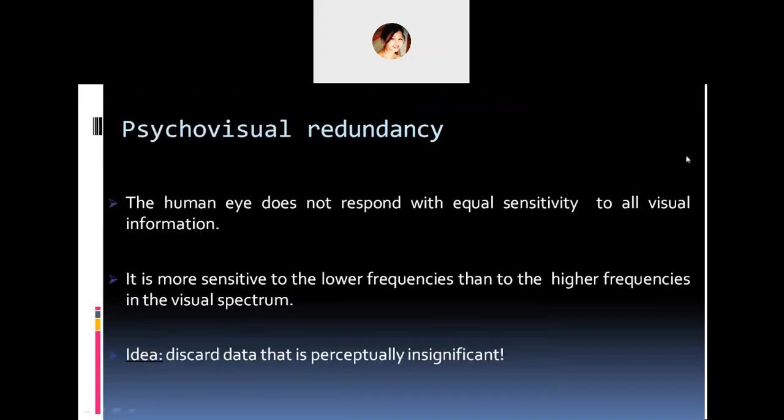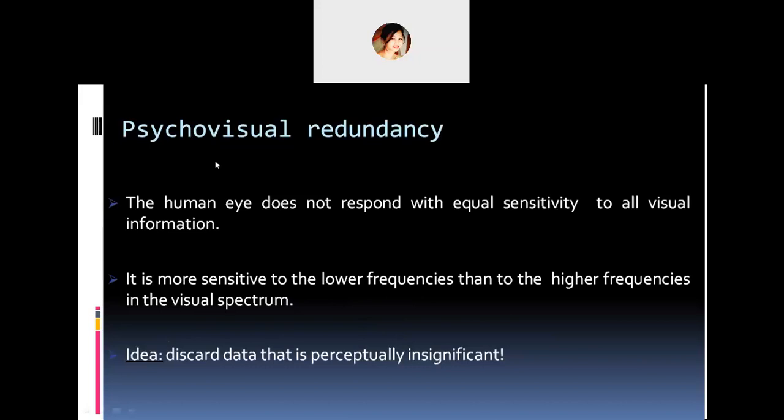Then psychovisual redundancy is related to the human eye. You come across various types of objects in day-to-day life, right? The human eye does not respond with equal sensitivity to all the information that is being seen by it. It is more sensitive to lower frequencies than to higher frequencies.